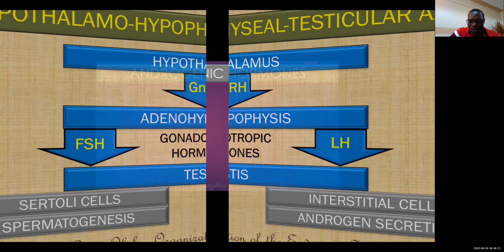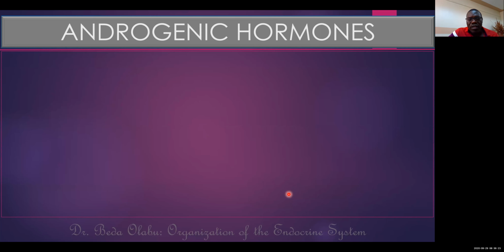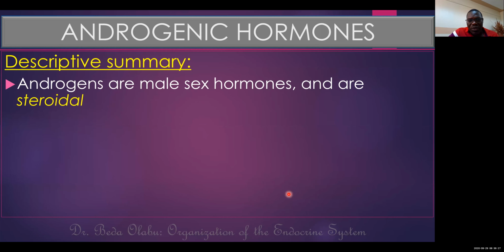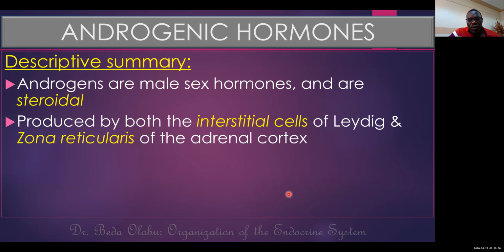Now let's talk about androgens. Androgens are actually steroid hormones. We have said they are male sex hormones. They are steroidal in nature. We know that androgens are produced by interstitial cells of Leydig.